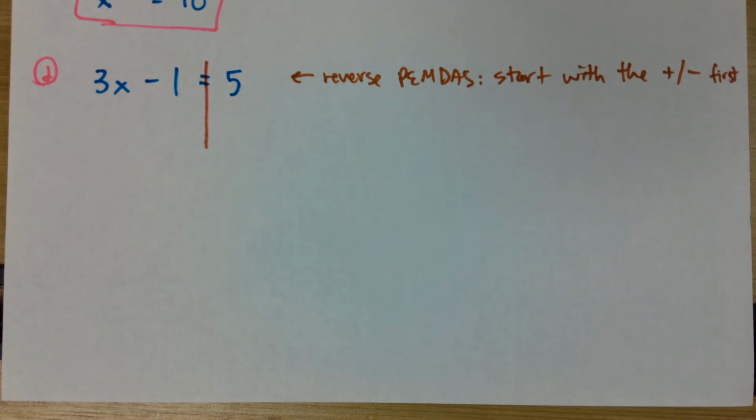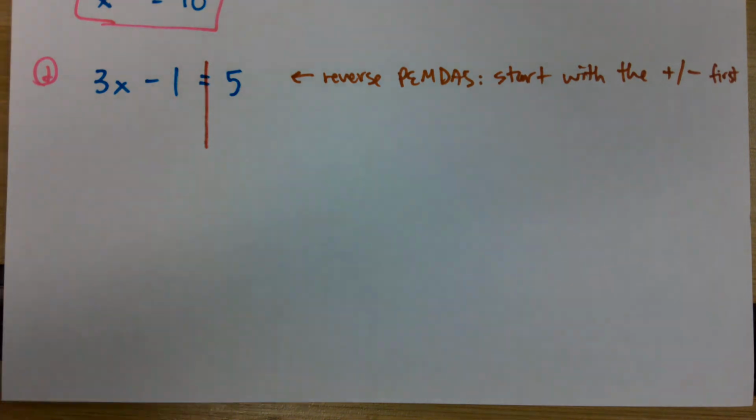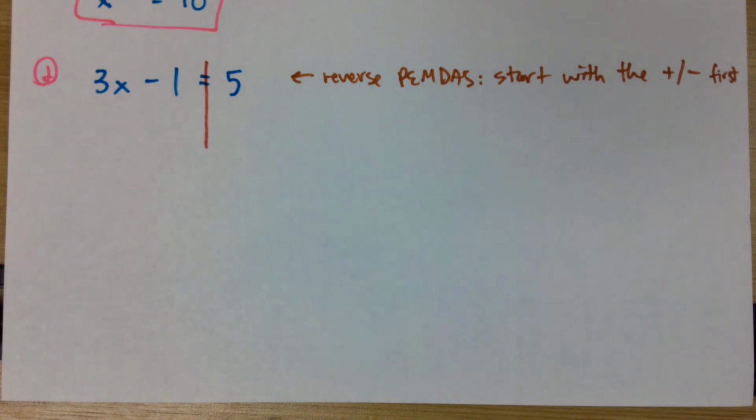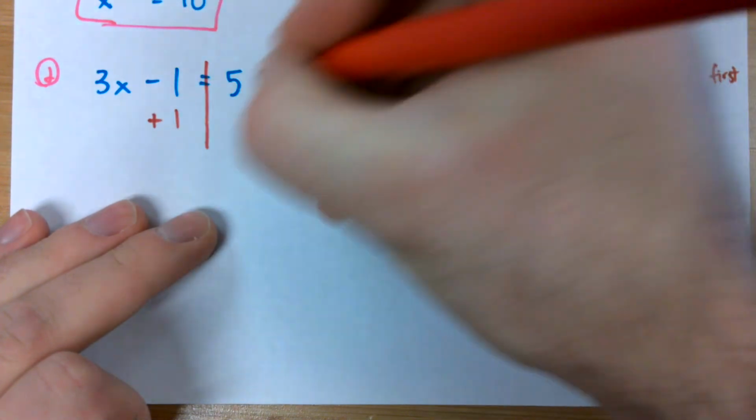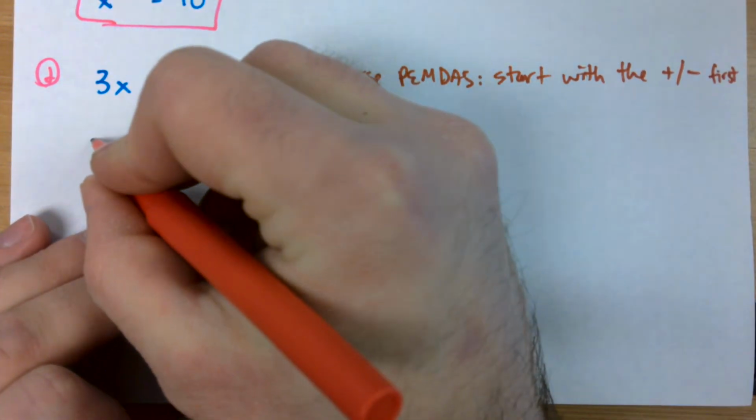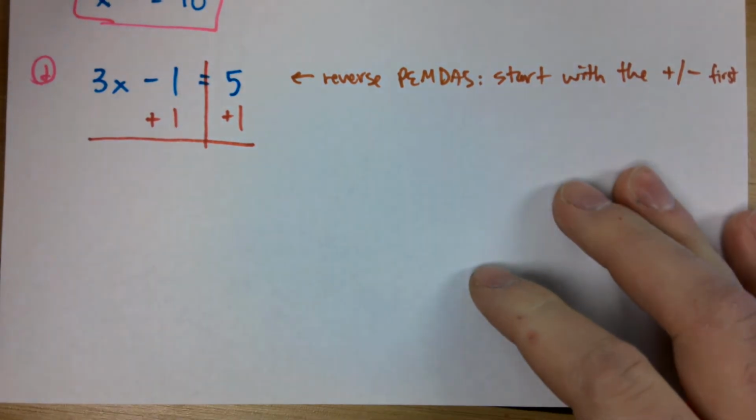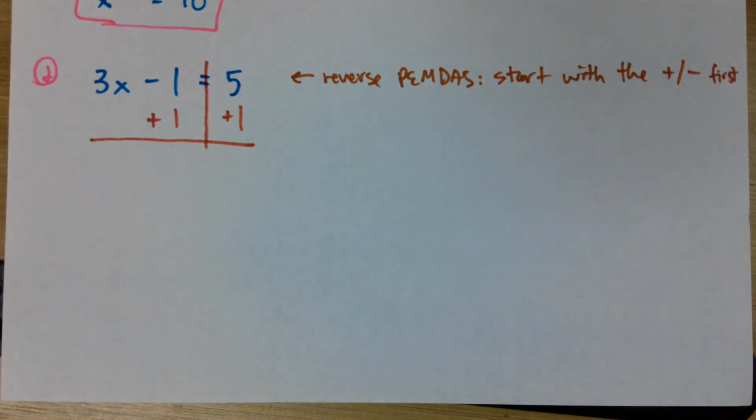So if we're just focusing on the minus 1, what would the inverse be for minus 1? Plus 1, right? Not too bad. Minus 1, the inverse is going to be plus 1. Draw a line underneath to show that this is the solution to that.